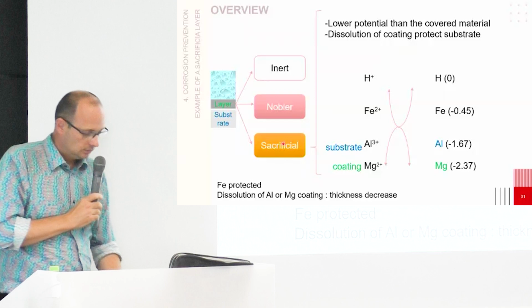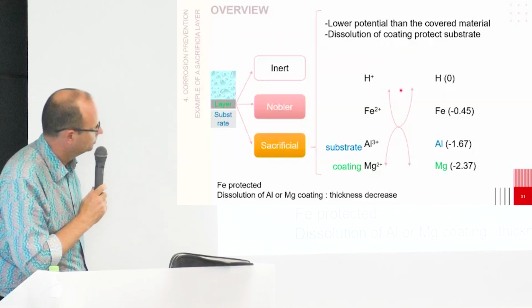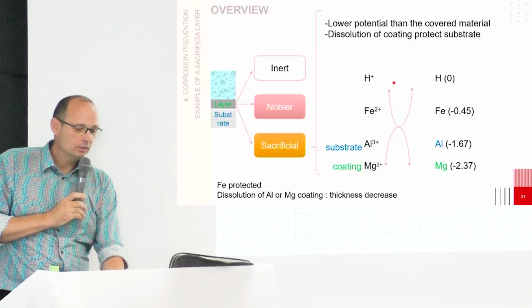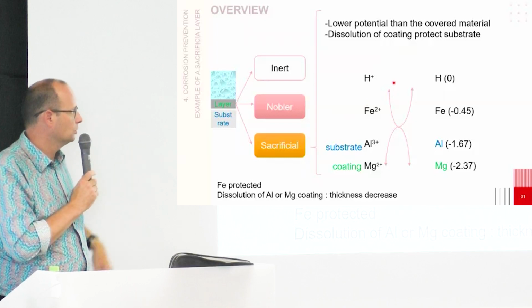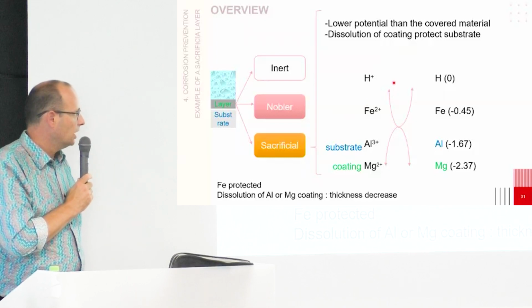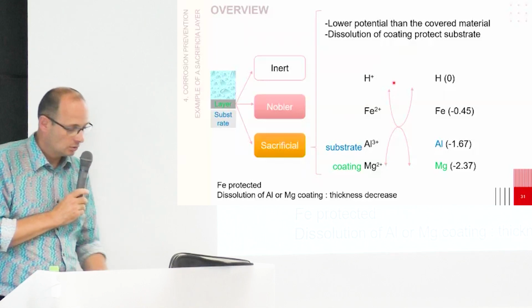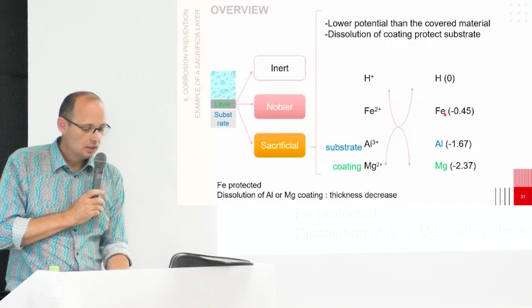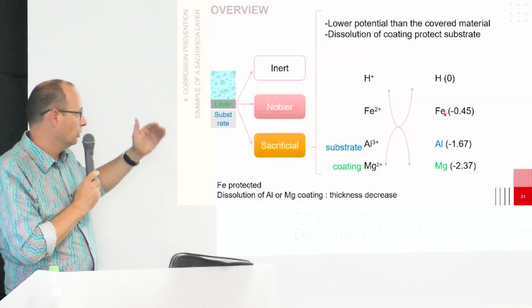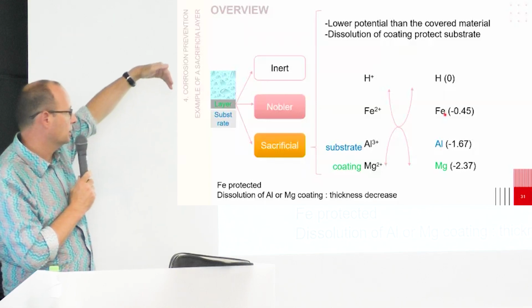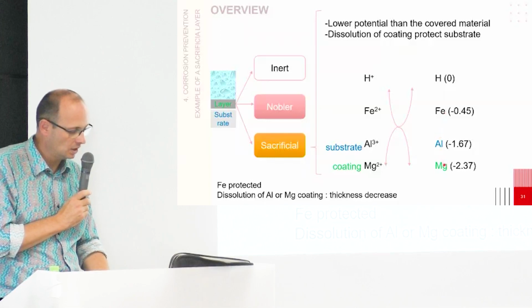So here, this is my potential scale, more or less visible. This is just to give an idea, to remember what we said yesterday. My idea is to protect iron, for example, here. So if I have iron, I will use materials with a lower potential, so potentials that are below iron, and that can be either aluminum or magnesium.